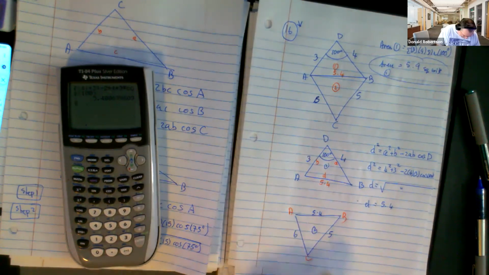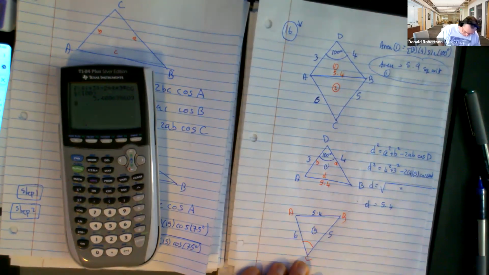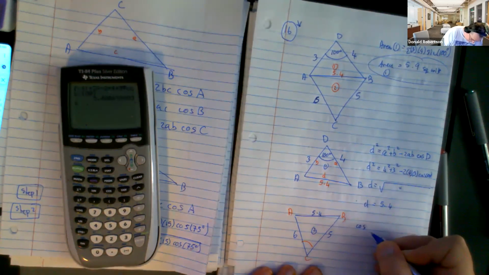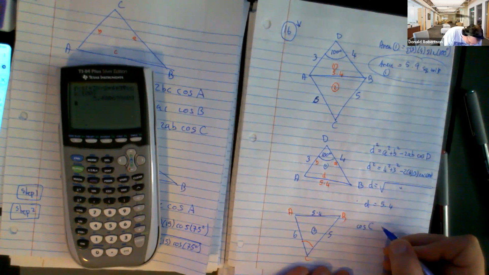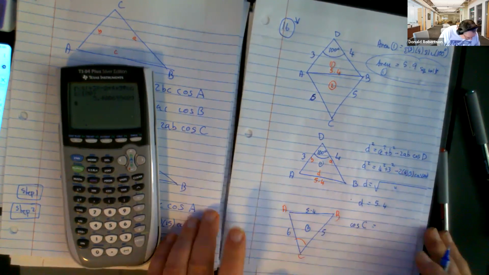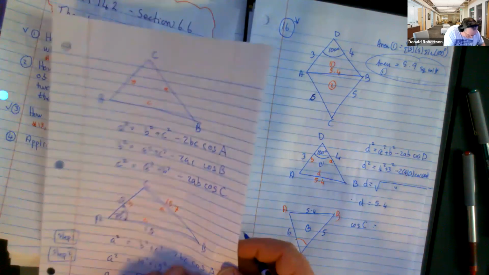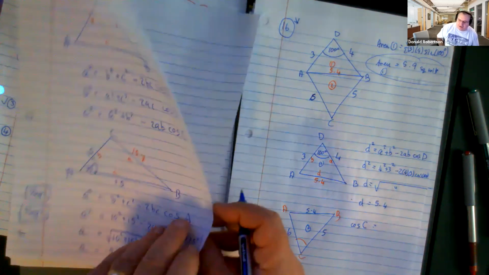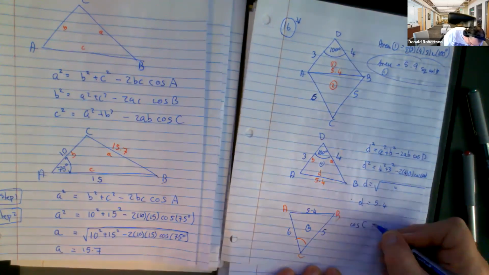I've forgotten, you said angle C, I think you said, okay. Well, if I'm going to do angle C, it's going to be cosine of C, and it's going to be one of my formulas over here. Cosine C, what does the formula look like for that?